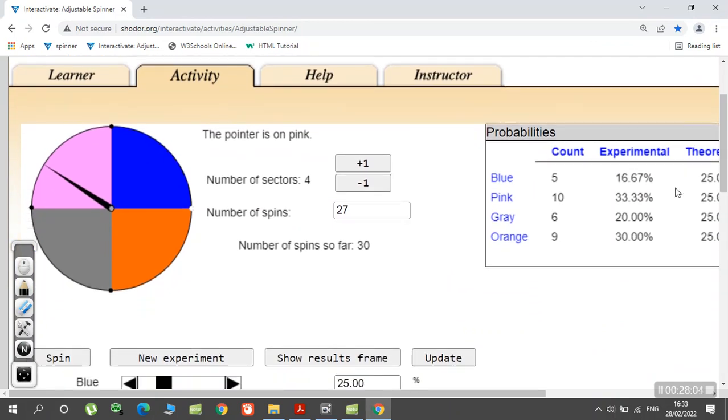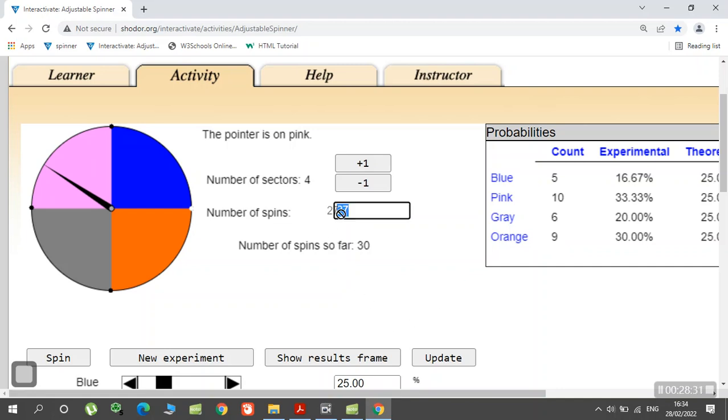As you see, the theoretical probability is 25%. But when you calculate the experimental probability, the chance of blue is 5/30. The chance of pink, 10/30. The chance of gray, 6/30. The chance of orange, 9/30. That's the experimental probability.